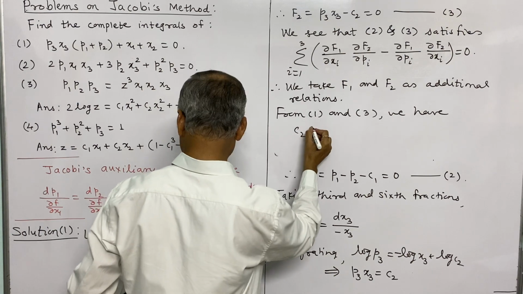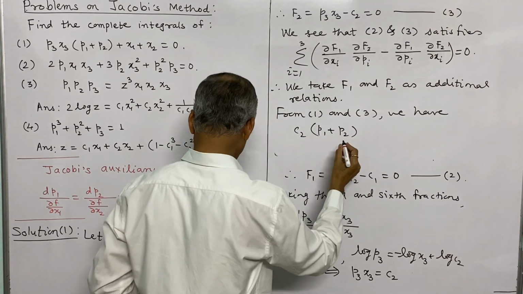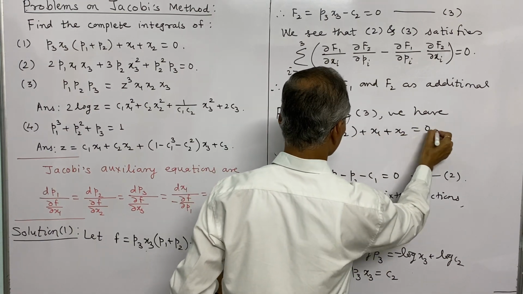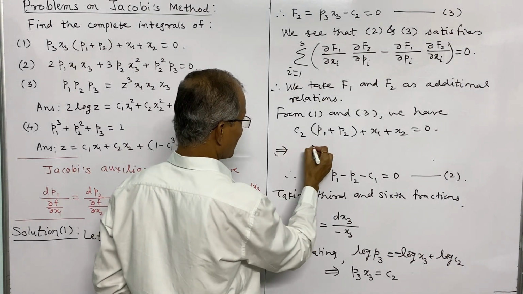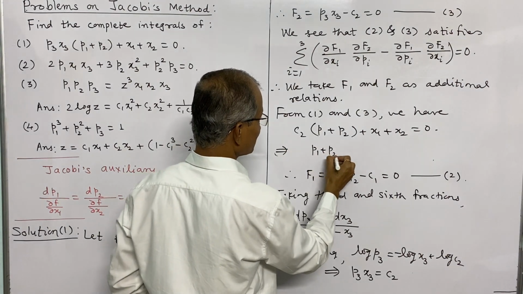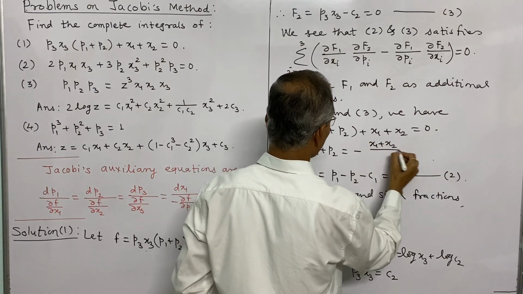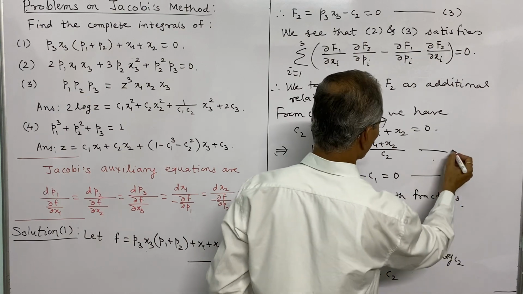So c2 in bracket p1 plus p2 plus x1 plus x2 is equal to 0. From this we can find the value of p1 plus p2. So p1 plus p2 is equal to minus of x1 plus x2 divided by c2. So this we shall suppose as our fourth relation.